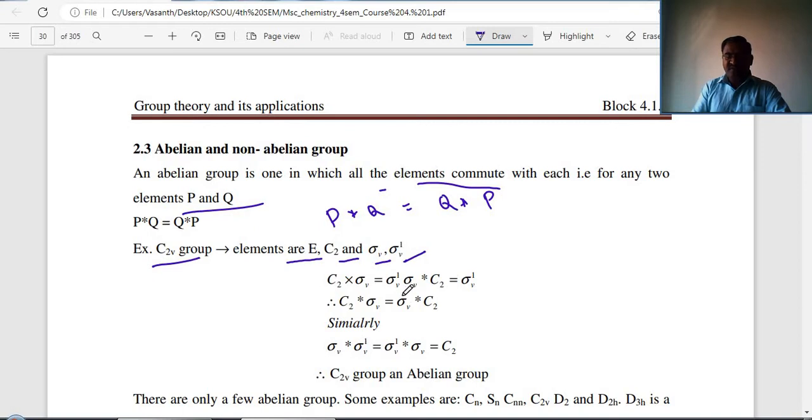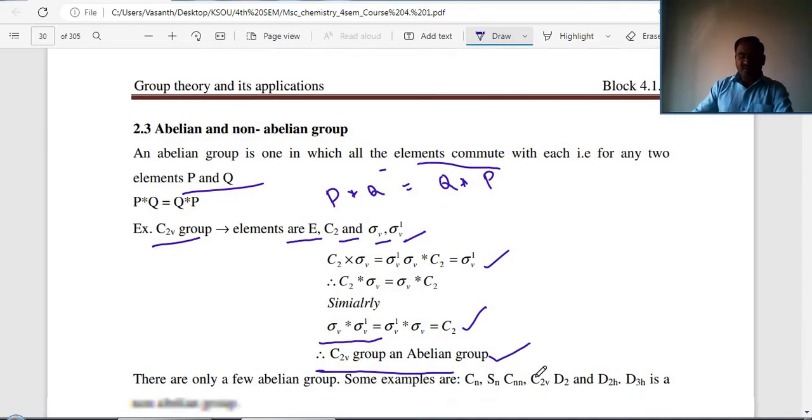C2 into sigma V is equal to sigma V dash, and sigma V into C2 is equal to sigma V dash. Similarly, sigma V into sigma V dash is equal to sigma V dash into sigma V, that is C2. So the C2V group is an abelian group.